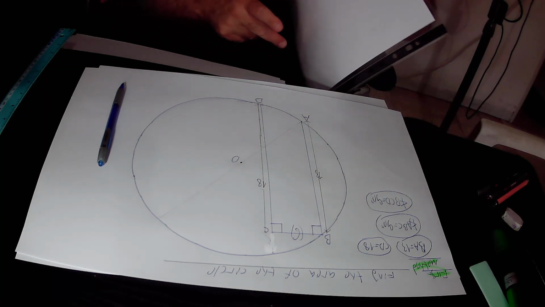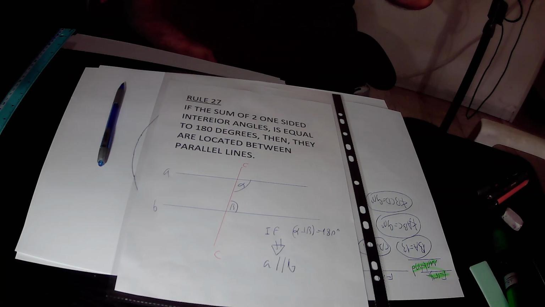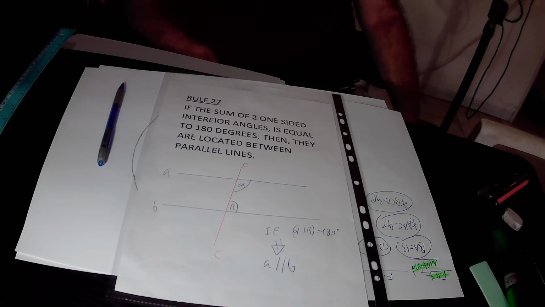According to Rule 27, if the sum of two one-sided interior angles is equal to 180 degrees, then they are located between two parallel lines.